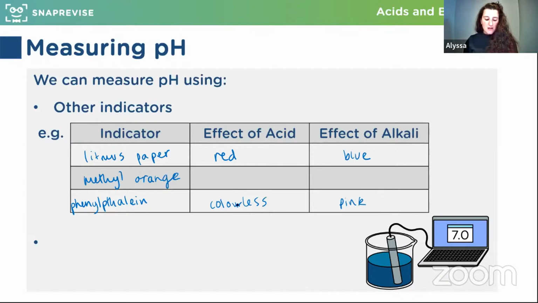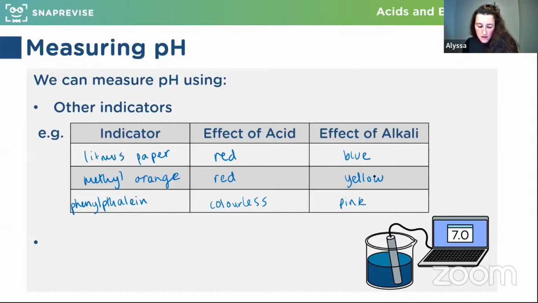And then methyl orange doesn't actually ever really turn orange. It's either red or yellow. I think it's called methyl orange because when it's turning, it goes a little bit orange, but it's the same as our litmus paper and pH scale, in that it goes red in acid and then yellow in alkali.